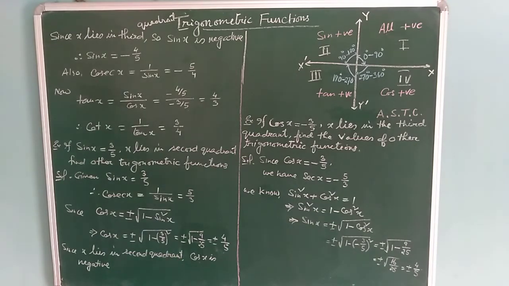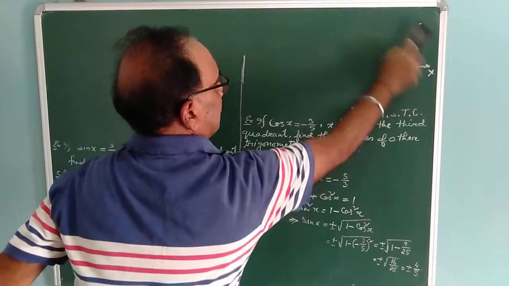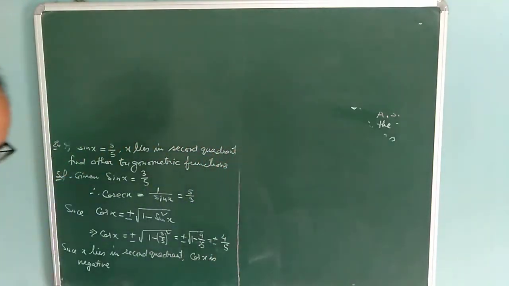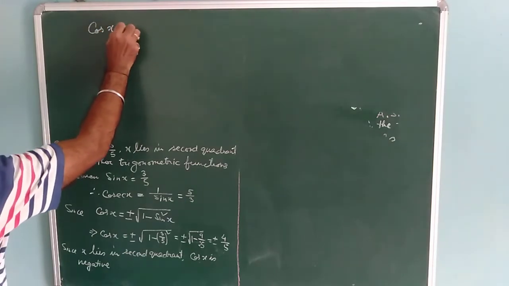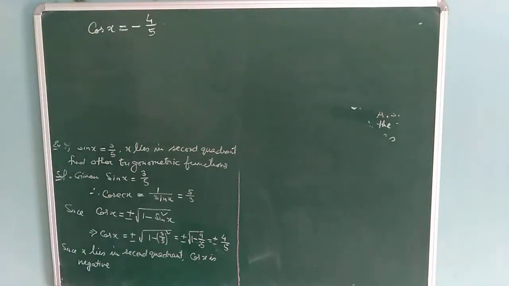So cos is negative, so we take cos x as minus 4 by 5.